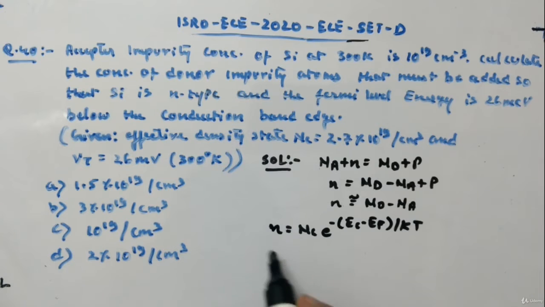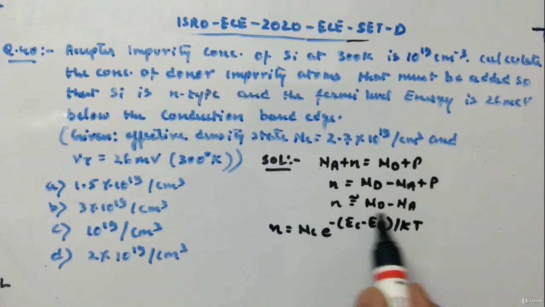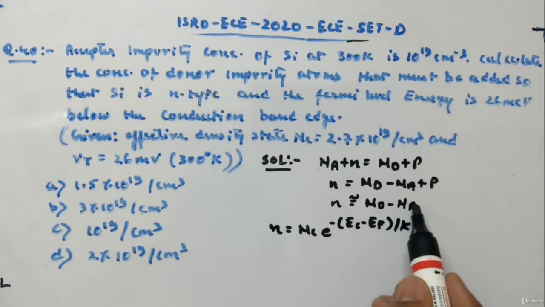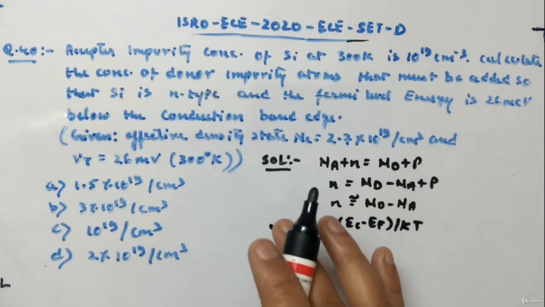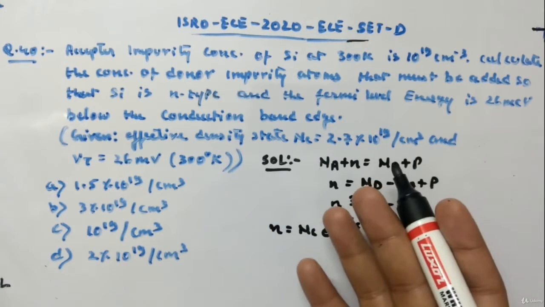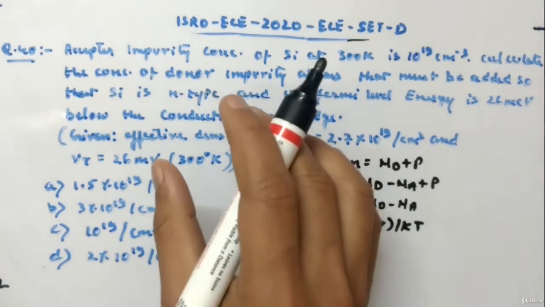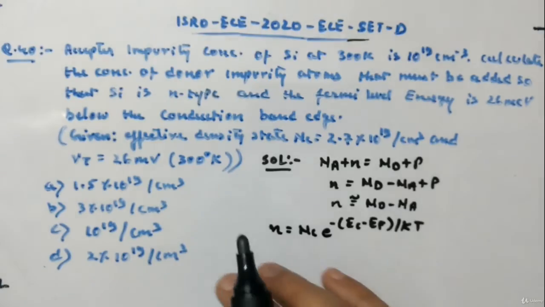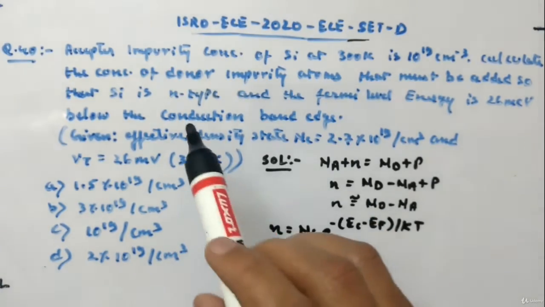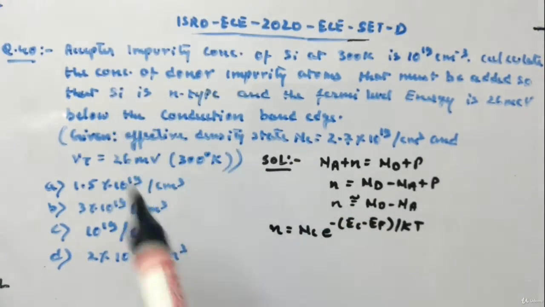Okay, most of the time when we use this formula, we keep small n equal to Nd. Why? Because at that time we don't have any acceptor impurity. Either we dope with acceptor or we dope with donor. But here in this question we are doping with both kinds of impurities, donor as well as acceptor.